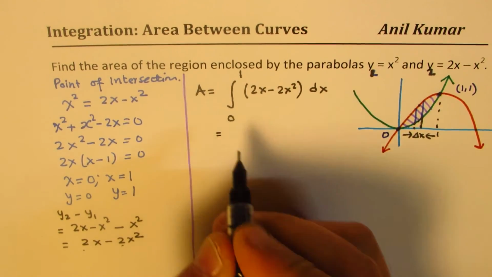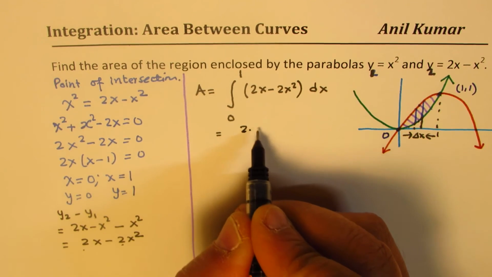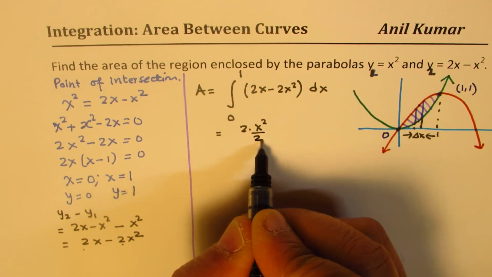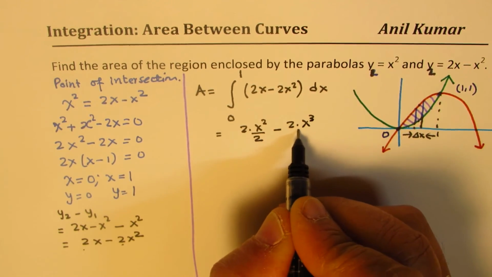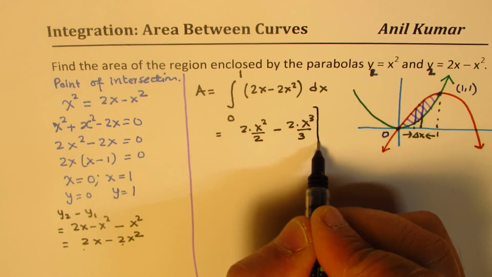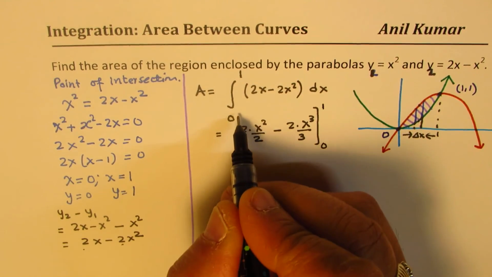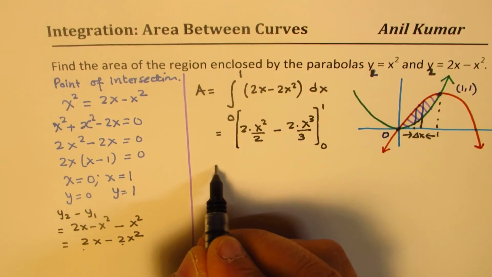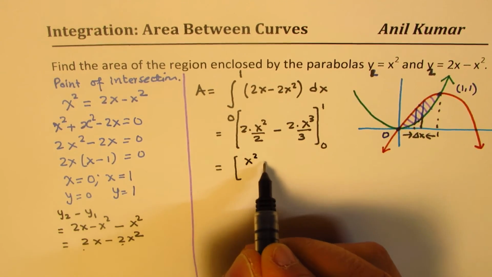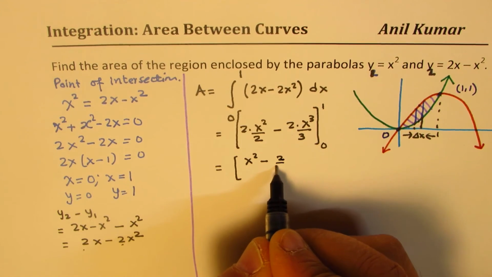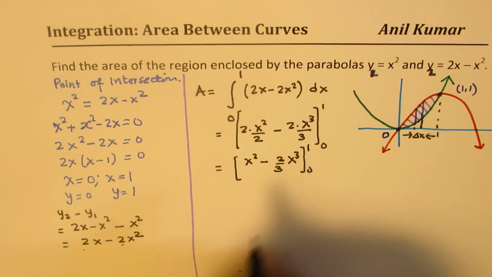So let's integrate. The integral of 2x will be 2 times x square over 2, minus 2 times x cube over 3, and the interval for us is 0 to 1. Correct? So that gives you x square minus 2 over 3 x cube between 0 and 1.